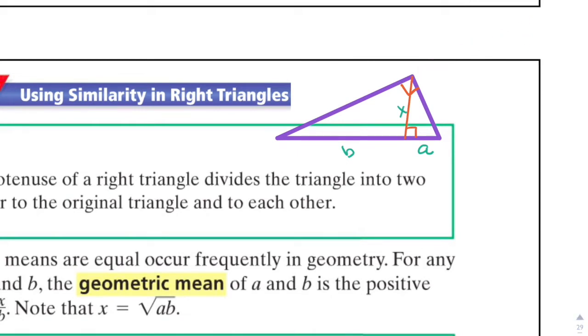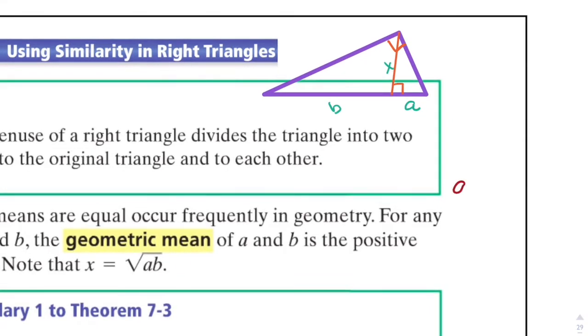So what we're going to say is that A is to X as X is to B.